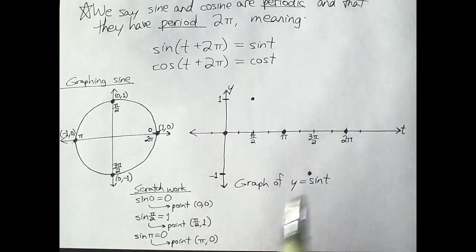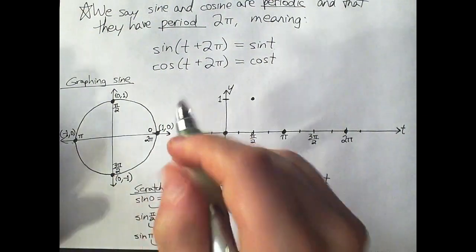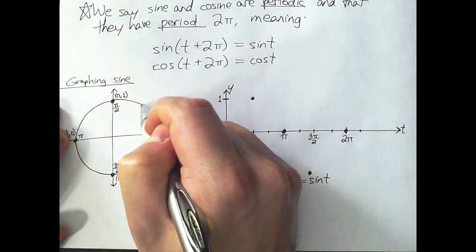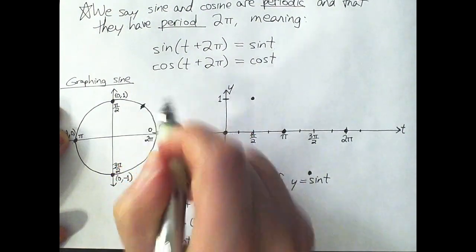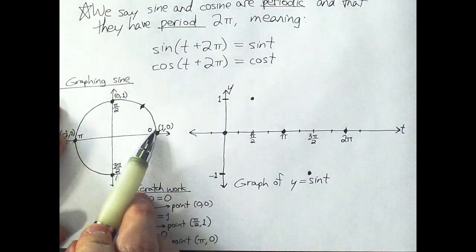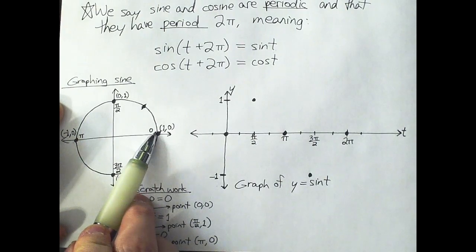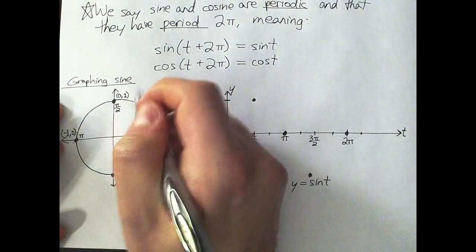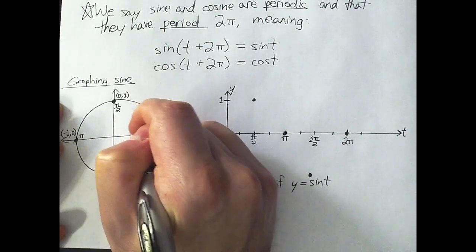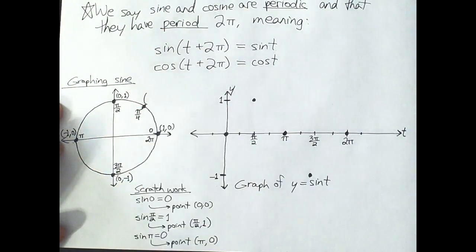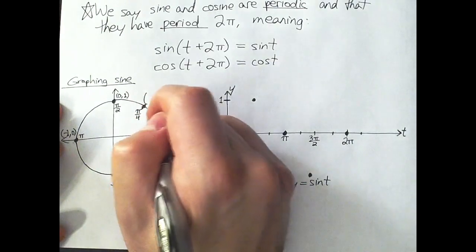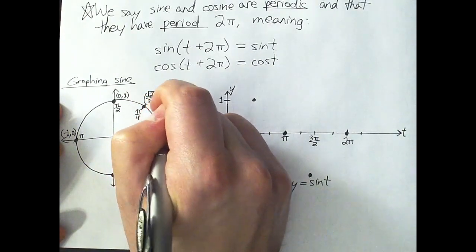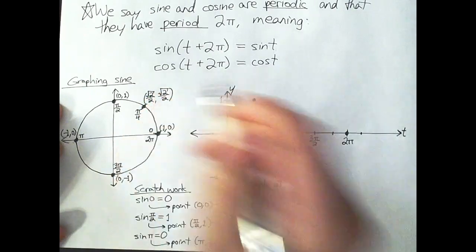Maybe it's doing like a zigzag up and down or something. Let's fill in a couple of the in-between points. So what about this right here? What is the point corresponding to halfway in between t equals 0 and t equals pi over 2? Right there. That would be the t value pi over 4. At the t value pi over 4, we have the terminal point, square root of 2 over 2, square root of 2 over 2.